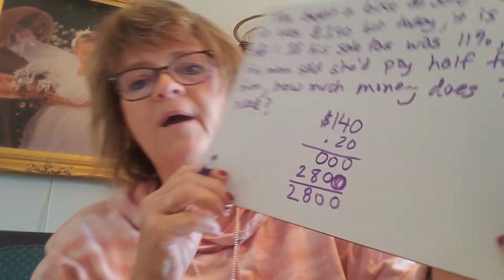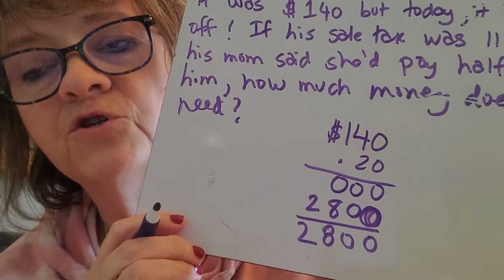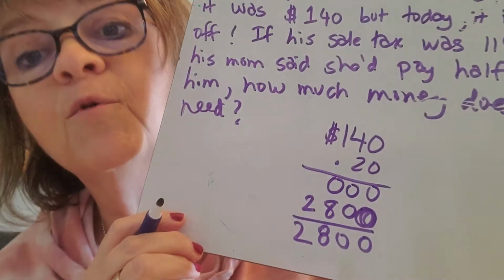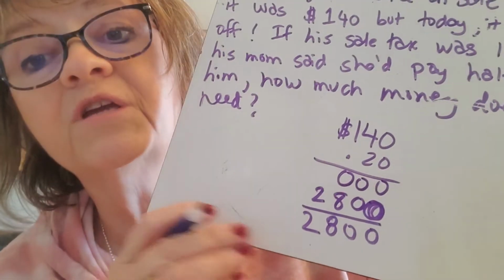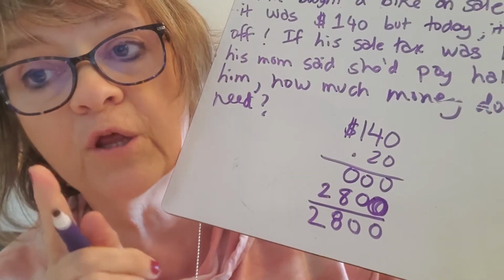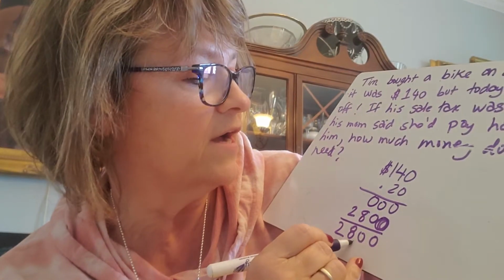Nice, easy numbers, huh? All right, so I multiplied by 0.20, so I need to put the 2 decimal spots back in. If you multiplied by 0.2, you would put only 1 decimal in. All right, so I got $28. And what I found when I do it that way is a $28 discount.